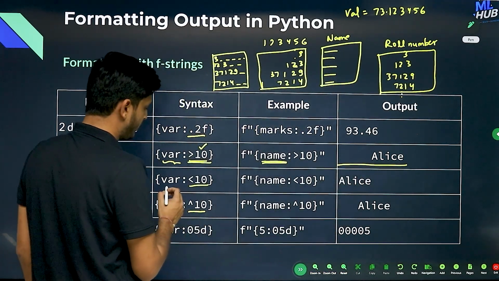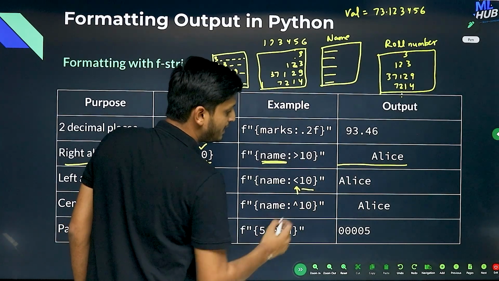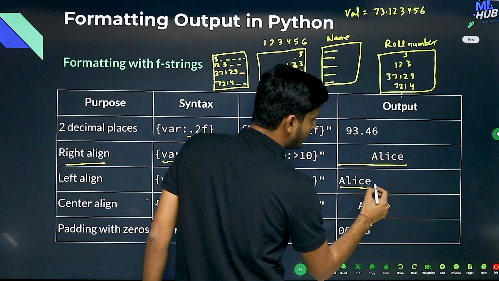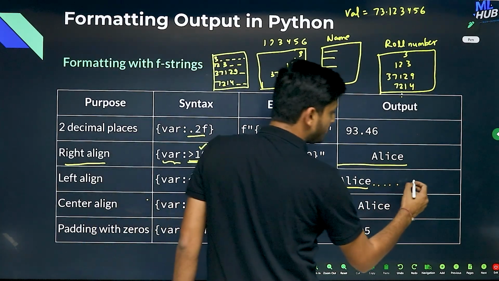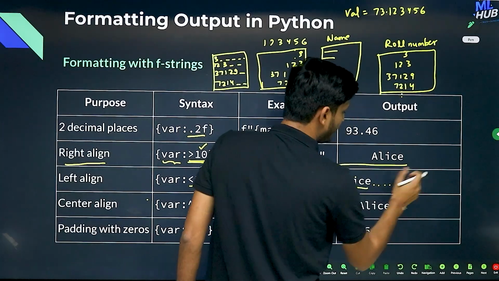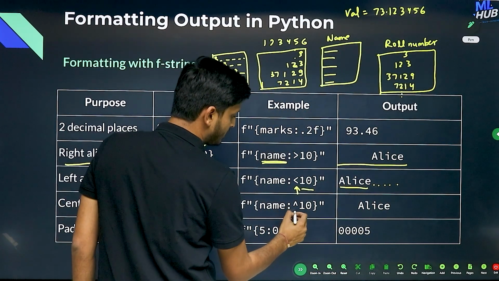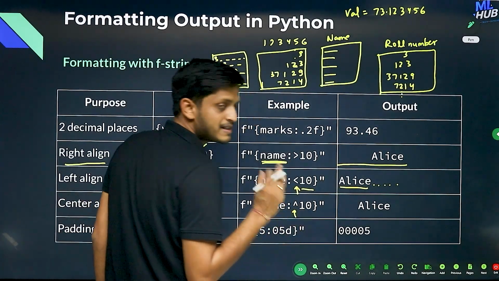Similarly, if you print the variable with the less than sign, it means it should be left aligned and take 10 spaces in total. So it will be left aligned, and then immediately after that 5 spaces will be added. And if you add one more print statement, it will be printed after it. It will take 10 spaces. And similarly, if you use the caret sign like this, then it will be center aligned.